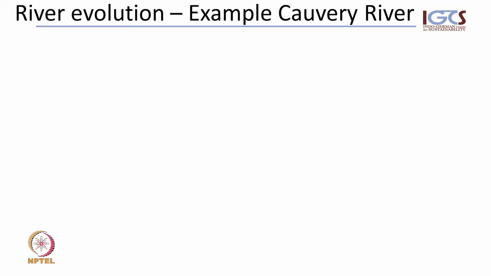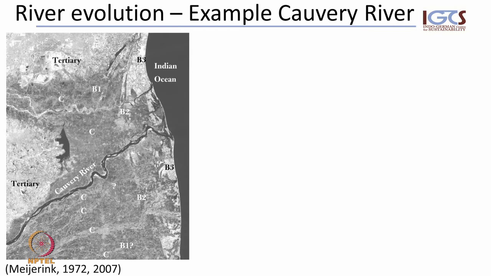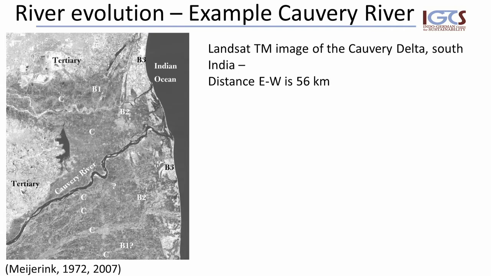Let's look into an example that may be familiar to you, the Kaveri River in South India. Here we have a satellite image of 1984, a Landsat TM image, just black and white here, showing us the Kaveri River here in blue.